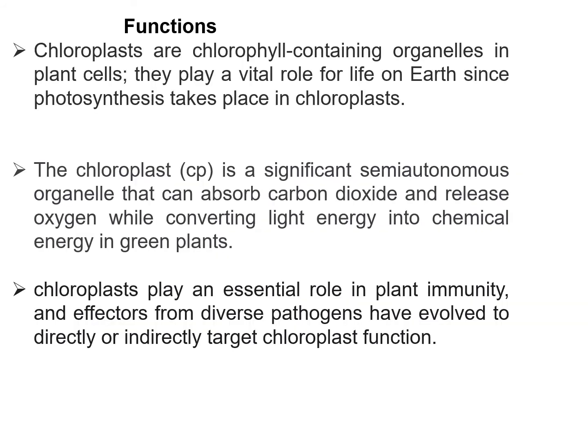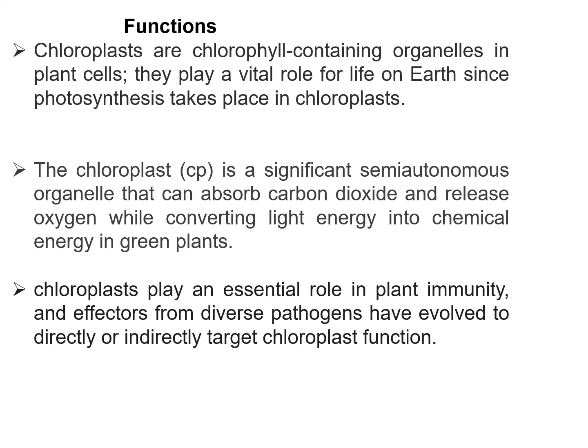Chloroplasts are chlorophyll-containing organelles in plant cells. They play a very important role for life on Earth since photosynthesis takes place in the chloroplast. The chloroplast is a significant semi-autonomous organelle that can absorb carbon dioxide and release oxygen while converting light energy into chemical energy in green plants.